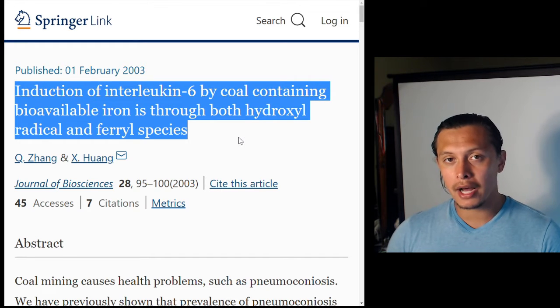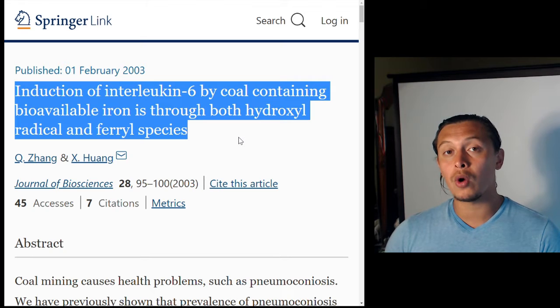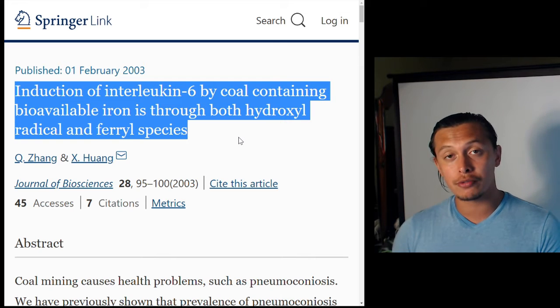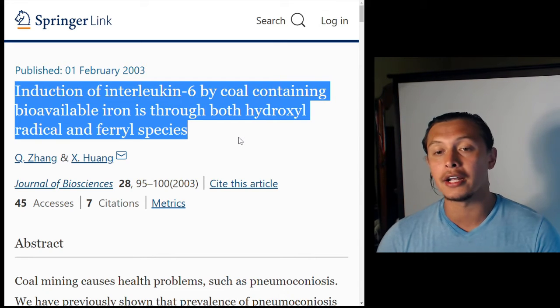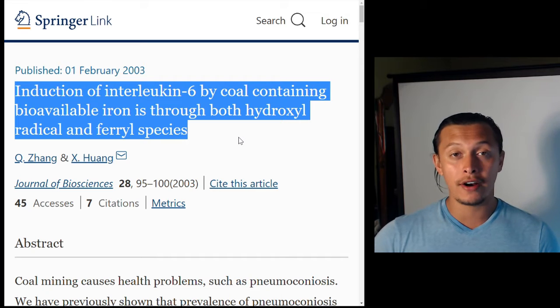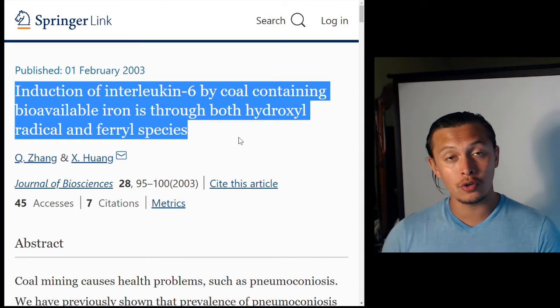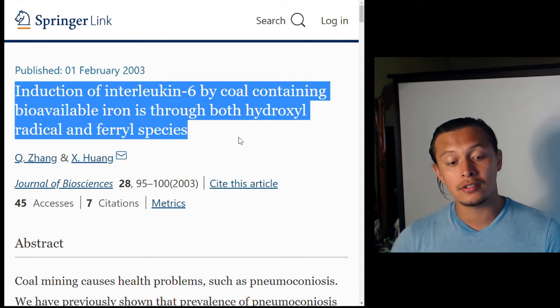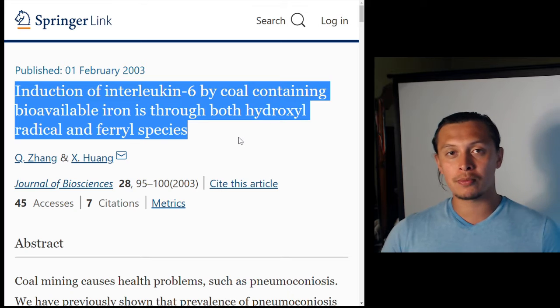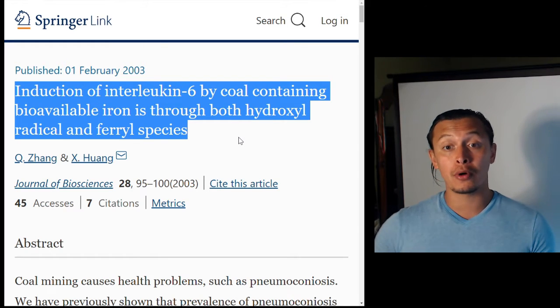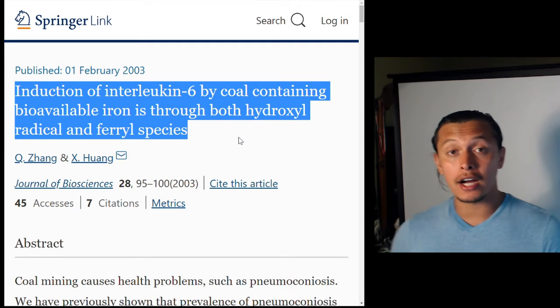In your body, you have proteins that sequester the iron ions, such as ferritin, which is the storage protein of iron in your body. You also have transferrin, which is the protein that will take two ferric ions and sequester them so that it can be transported throughout the body without reacting with other proteins, because iron ions are very reactive.